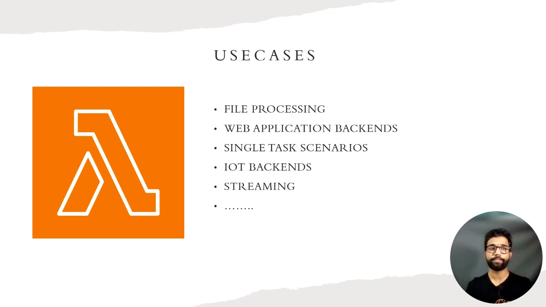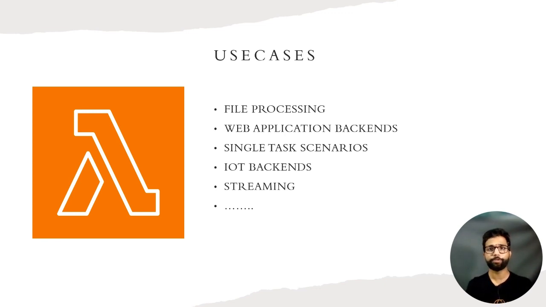Or let's say you have IoT devices, and the IoT devices send payloads as MQTT messages to AWS. You can use Lambda functions as a trigger whenever an MQTT message comes in. You may process the MQTT message and then do the required tasks.